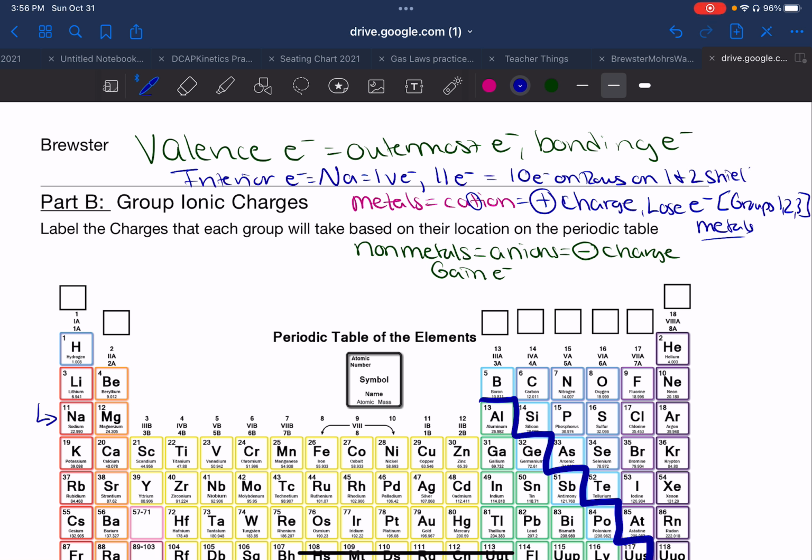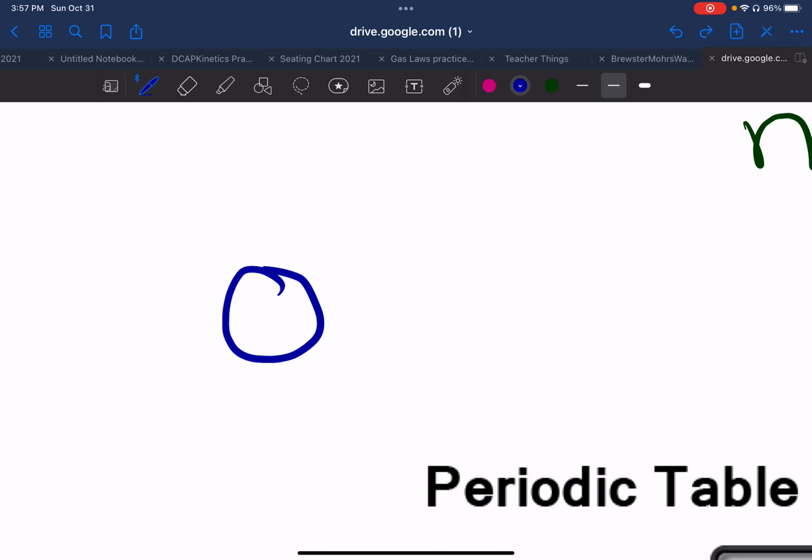And what does that mean? Well, if I was going to draw this, I'm just going to quickly draw this and say, here I have sodium, which has 11 protons and 12 neutrons.